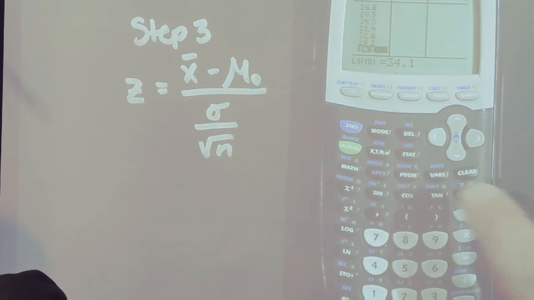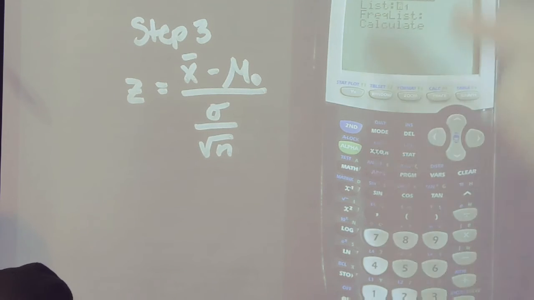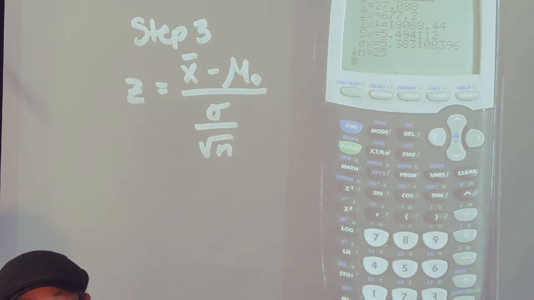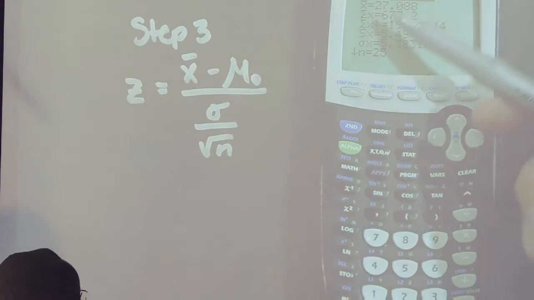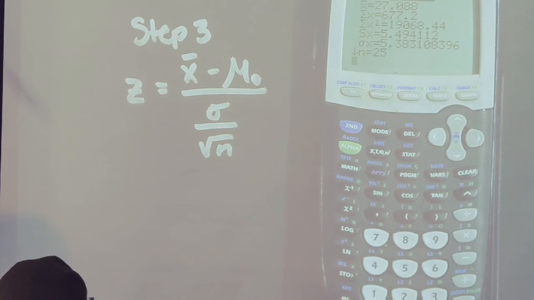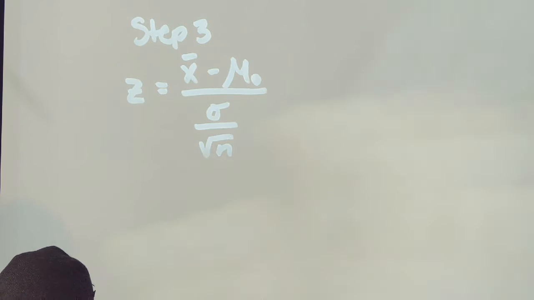What I'm going to do here is calculate the mean. List L1, calculate the mean, and looks like the Gigi font readers took an average of 27 seconds. That's that value right at the top, the mean. We're not going to use these standard deviations because we were given that in the problem. So let's go ahead and sub those numbers in.